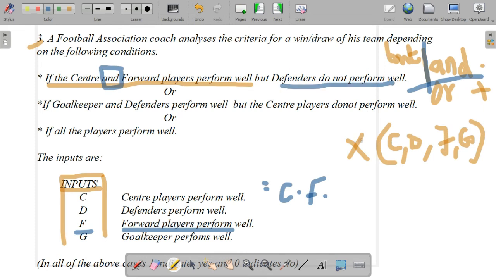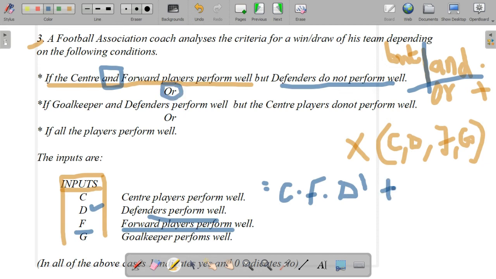So we can write C dot F dot. Then defenders don't perform well. You remember the simple sentence, compound sentence, and how we did all that sentence making. Based on that we are doing it here. Defenders is indicated by D, which is given as perform well. So defenders not perform well means D dash. So C dot F dot D dash is the first expression.